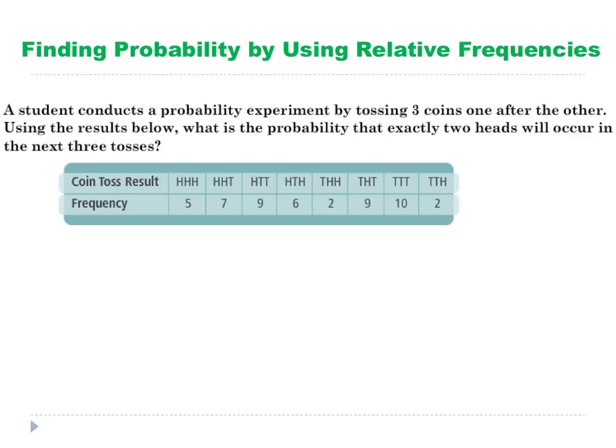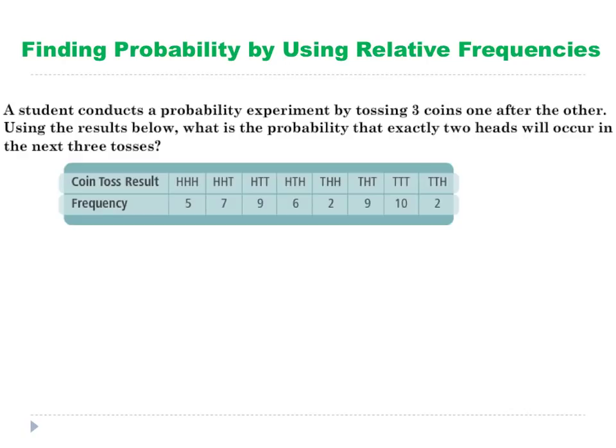Okay, so here is another question asking the same type of information, still wanting to know relative frequency. In this case, we are talking about an experiment that was conducted, tossing 3 coins or flipping 3 coins. And these are the results from that. We can see that on those 3 flips, there were 3 heads 5 times.